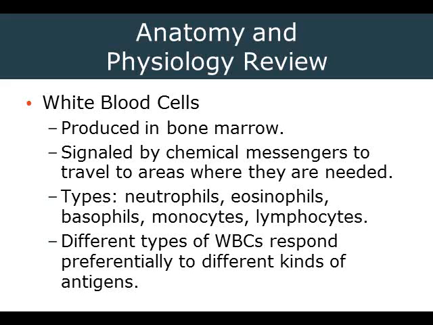The different types of white cells respond differently to different types of antigens. Some of them work more on viruses, some more with bacteria, some with parasitic items, and some play a big part in allergic reactions. Some of them are very non-specific. They'll respond to inflammation and injury.